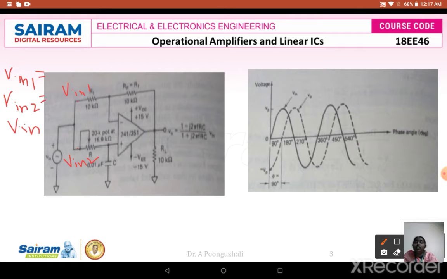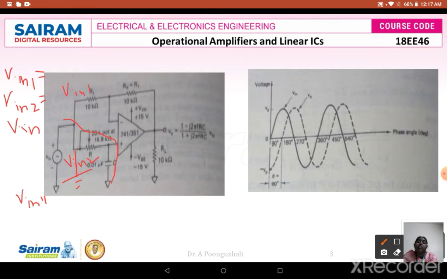Now I will consider V in 1. By considering V in 1, V in 2 is going to be at ground potential. When this is at ground potential, this part of the circuit is going to be 0. So here this part of the circuit is going to act as an inverting amplifier.